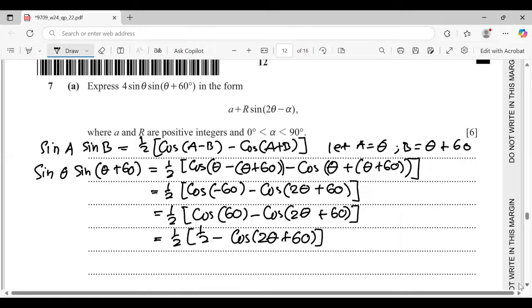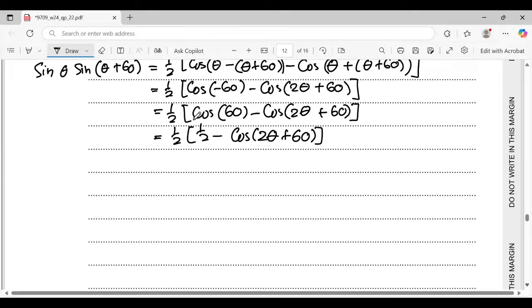All right, so it's going to be 1/4 because we multiply 1/2 minus cosine 2 theta plus 60 like this. And after that, multiply by 4.